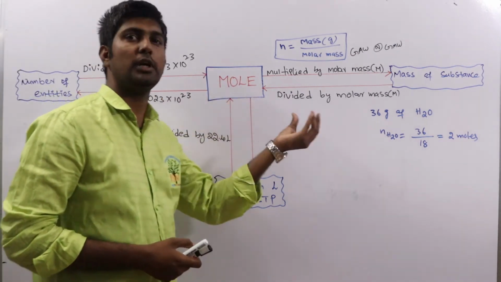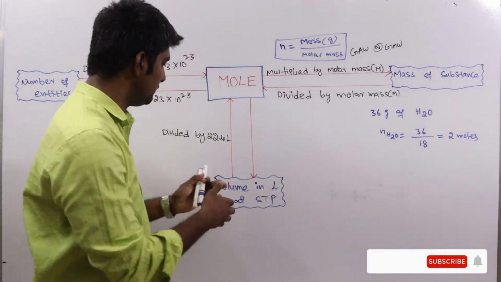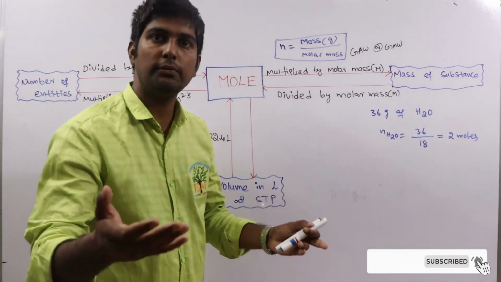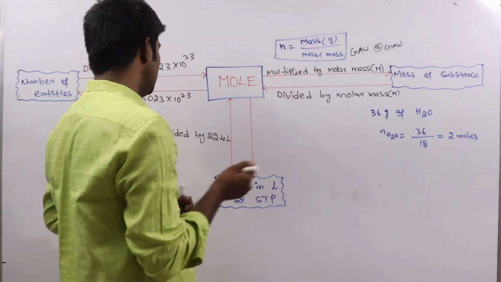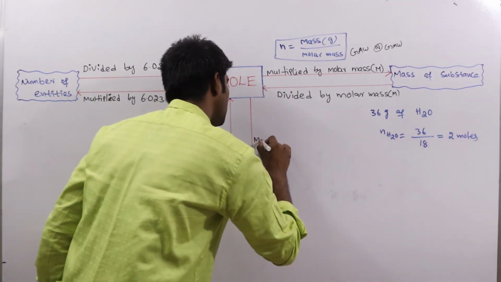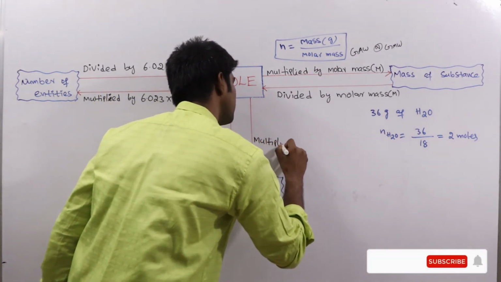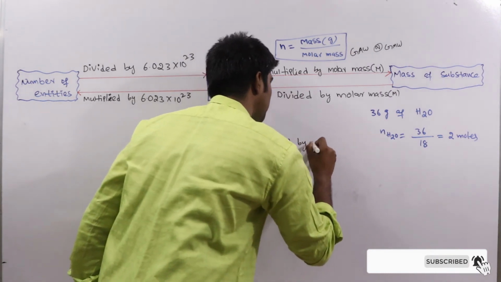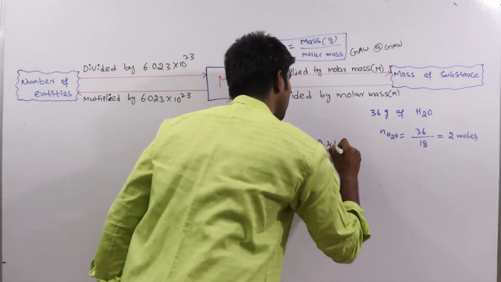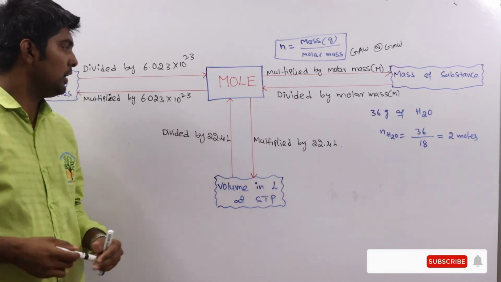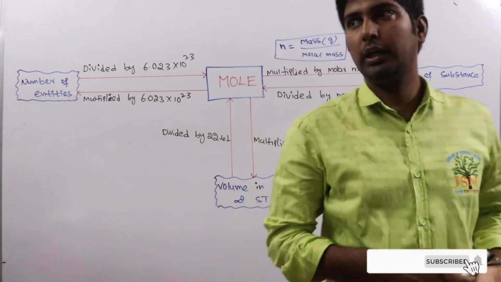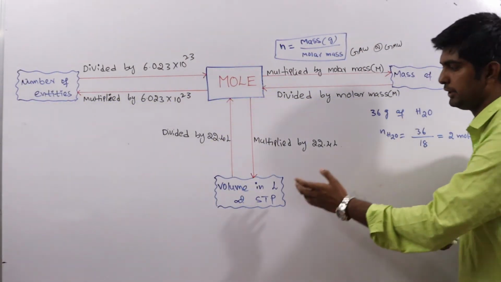Or if they have given some moles of gas and ask for the volume, then the moles are multiplied by 22.4 liter, and we get the volume of the gas in liters at STP.